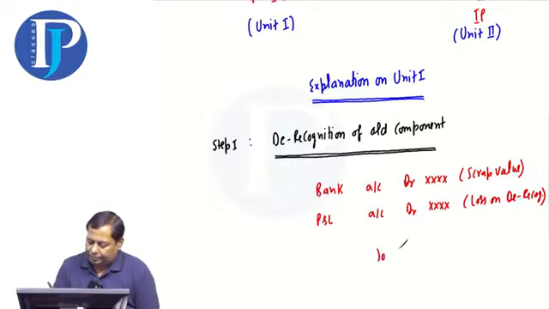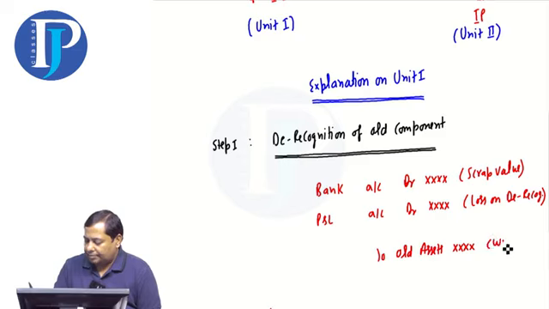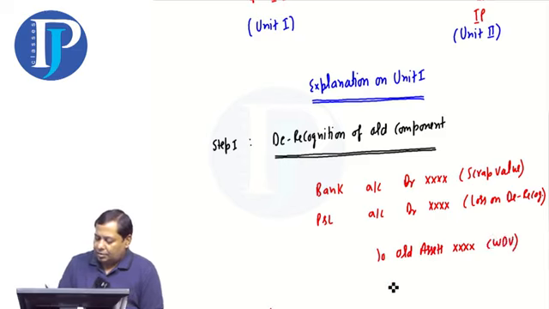To the asset account, we should write this WDV. So here, there can be a gain as well. If the scrap money is enough to exceed your book value, then it is a gain. No problem.